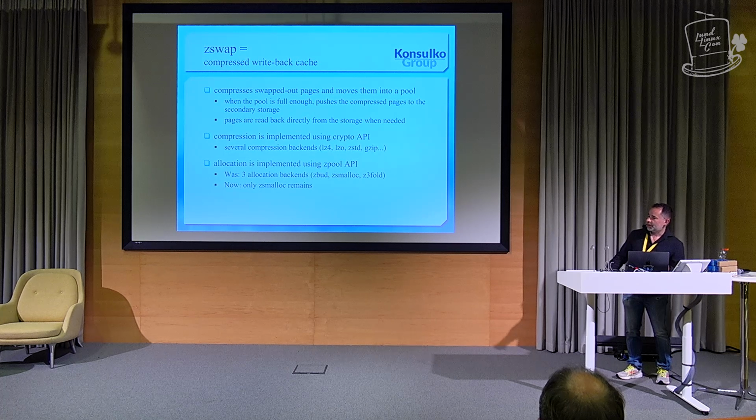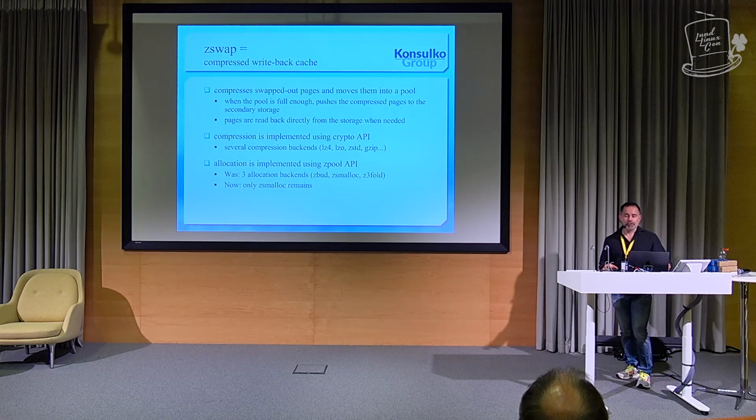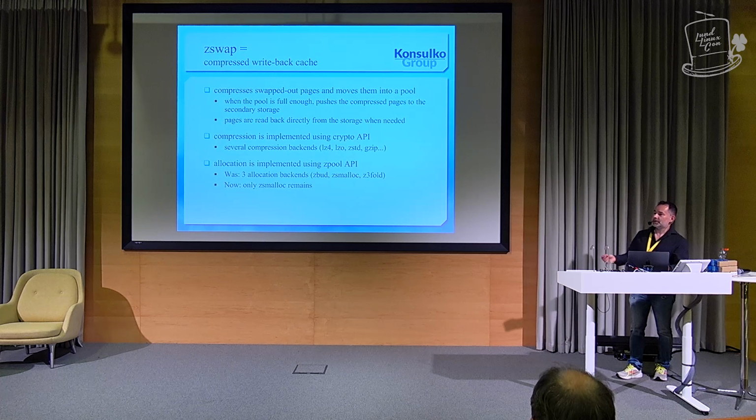We need a specific allocator capable of densely arranging smaller objects, because we are compressing on a per page basis. If we do well, the objects may be very small, but all the way up to the page size, because if the compressed object is larger than the page size, then it makes no sense to store it that way. We will store it uncompressed. So it's an allocator that should be capable of storing smaller objects in a dense way.